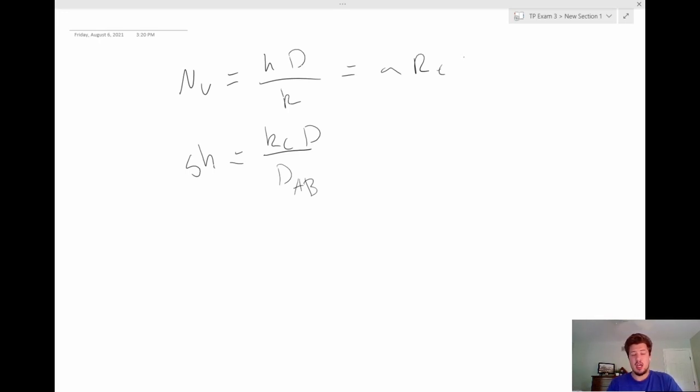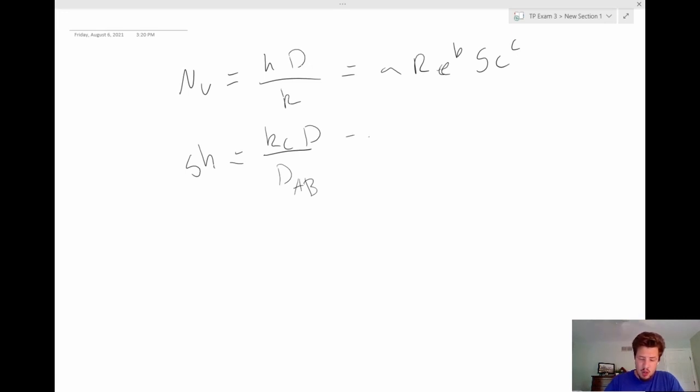In this case, it is actually the molar mass concentration. So we begin with multiplying A by some Reynolds number raised to the power B, then multiplied by the Schmidt number raised to some letter C.